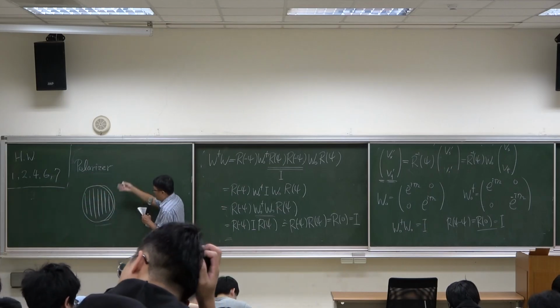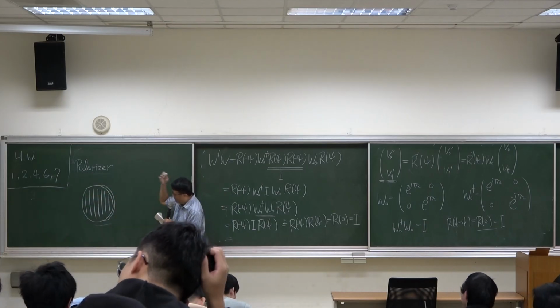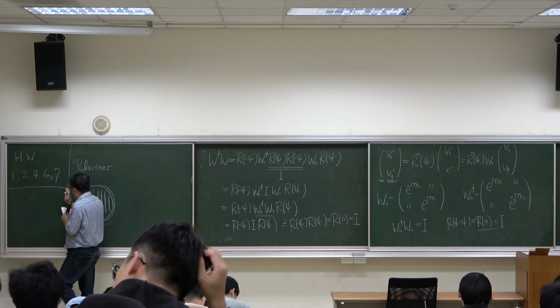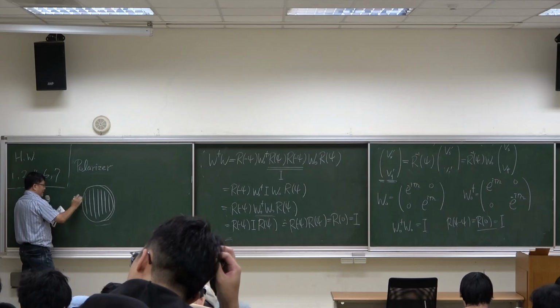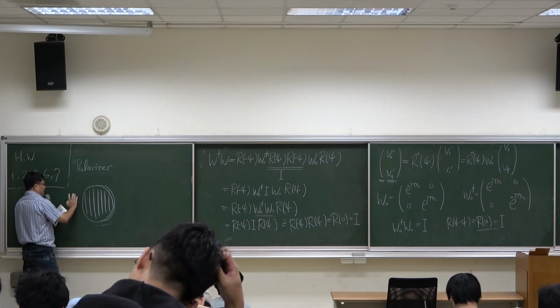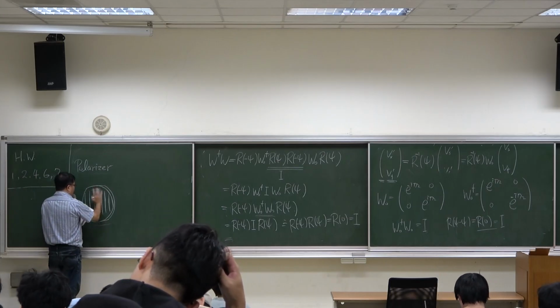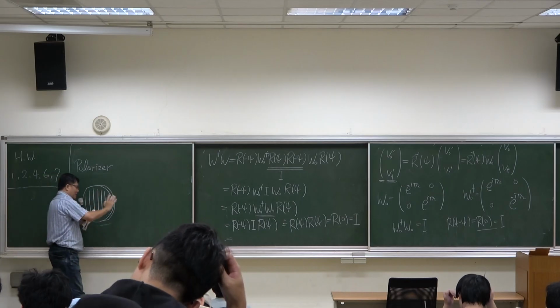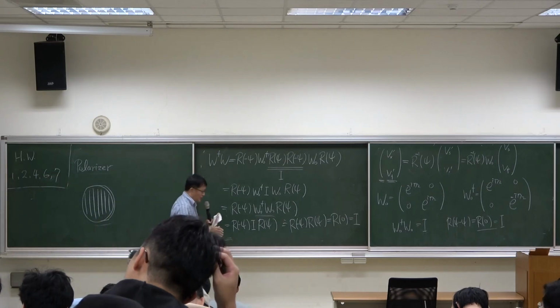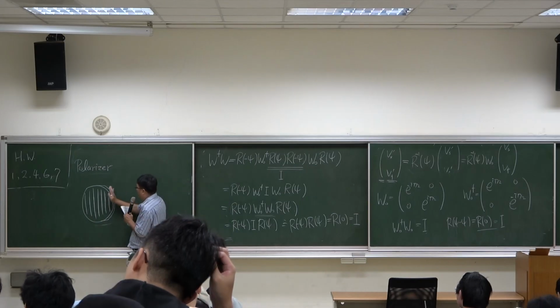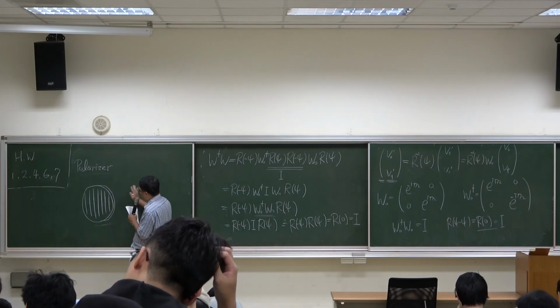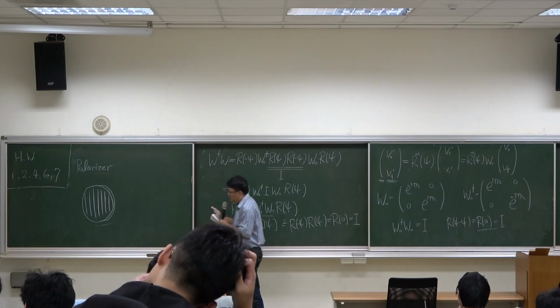A polarizer is a piece of material that if you send a beam of light having the polarization parallel to the axis called the transmitting axis of the polarizer, then it can transmit through this polarizer completely.